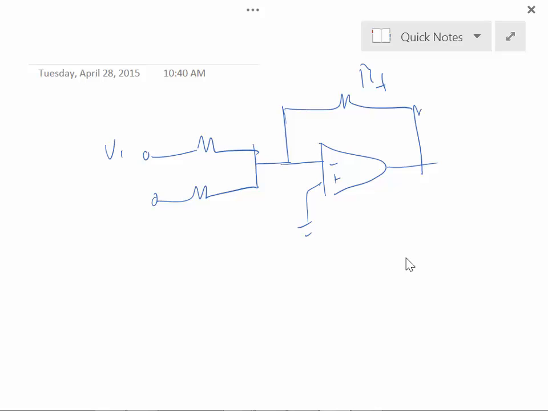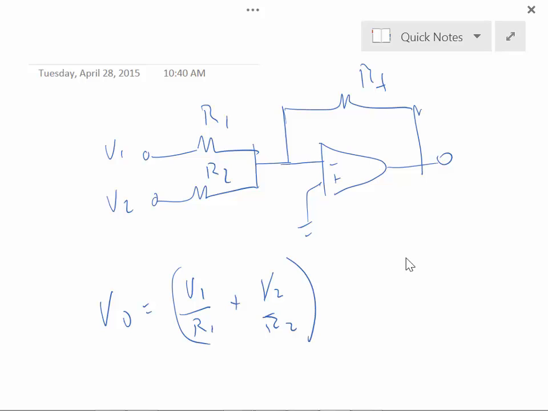I'm going to call this V1, V2, and I'm going to call this R1, R2. And V out, in this particular case, is going to be equal to V1 divided by R1 plus V2 divided by R2, times RF, with a minus in front.